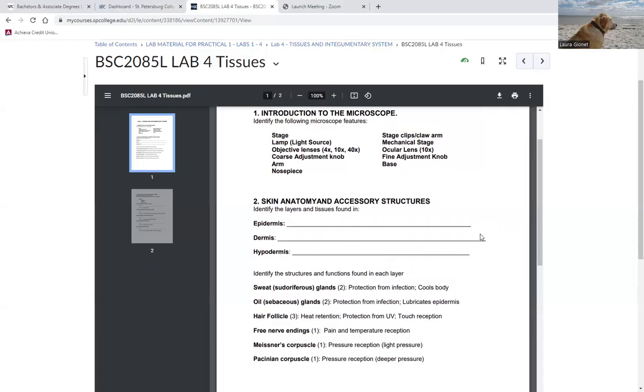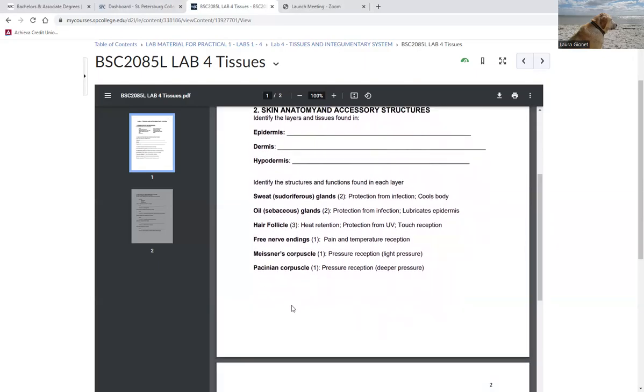Although those actually extend down into the dermis, they're technically part of the epidermis, but we'll often see them in the layer of the dermis. Again, I'll show it to you when we see the model. And in the hypodermis, we find those two tissues abundantly: areolar connective tissue and adipose connective tissue.